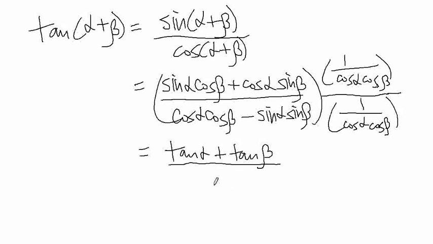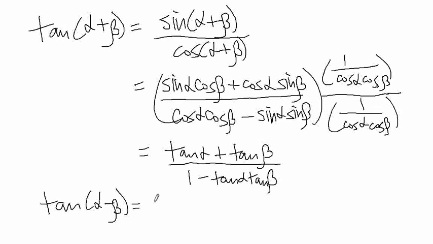In the denominator, the first term after the cancellation is a 1, and the last term is a minus product of tangents, minus tangent alpha tangent of beta.